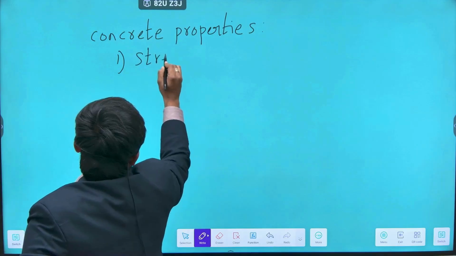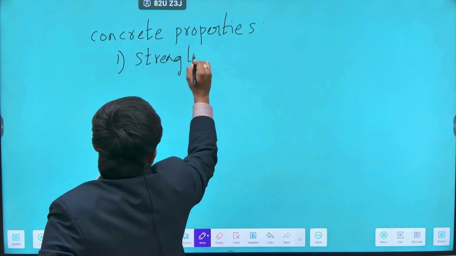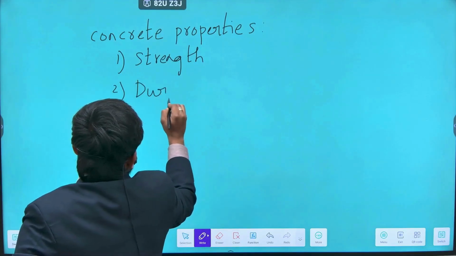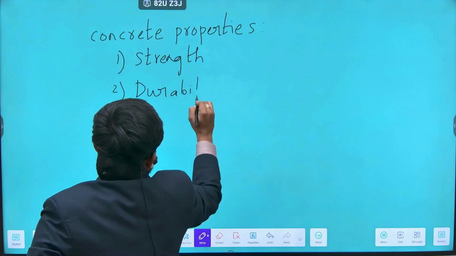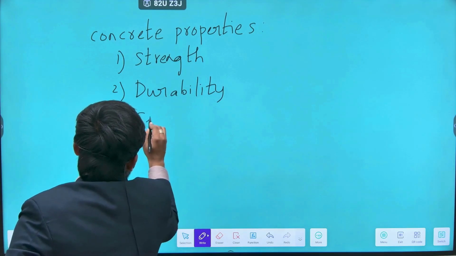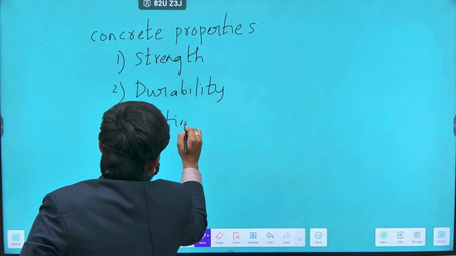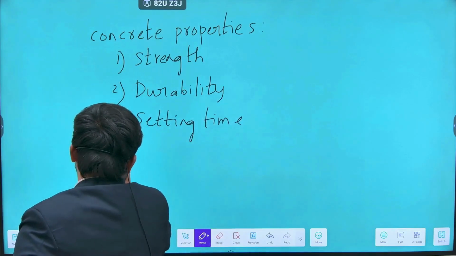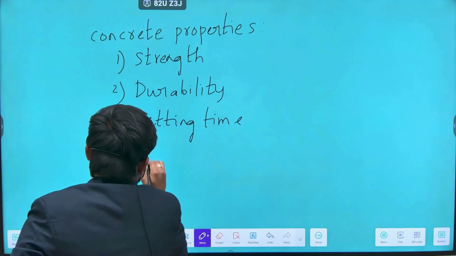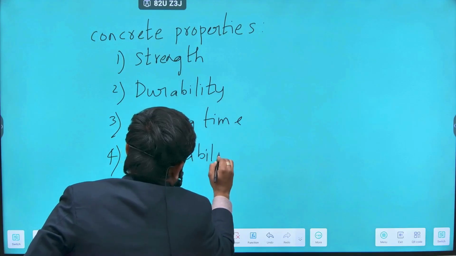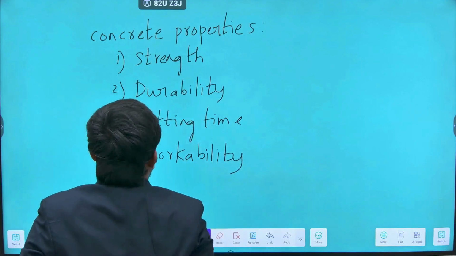First we need to discuss about the concrete properties: strength, durability, setting time, and workability.